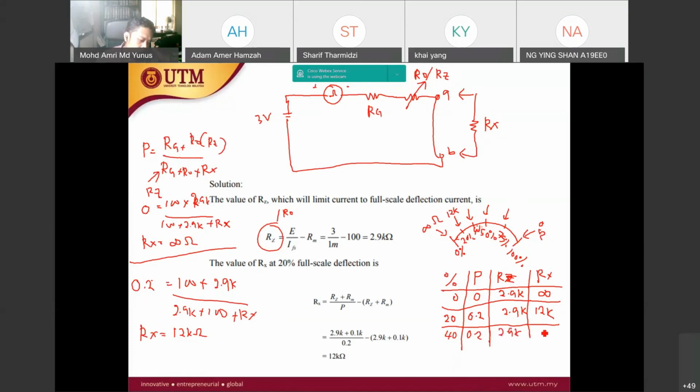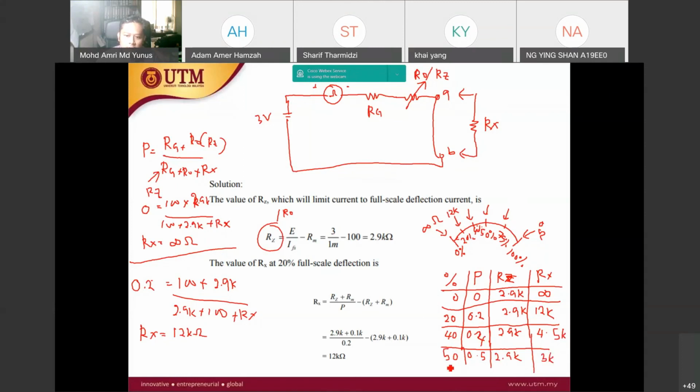In my calculation, for 40%, or a ratio of 0.4, Rx is supposed to be 4.5K. For 0.5 with 2.9K, for 50% Rx should be 3K.